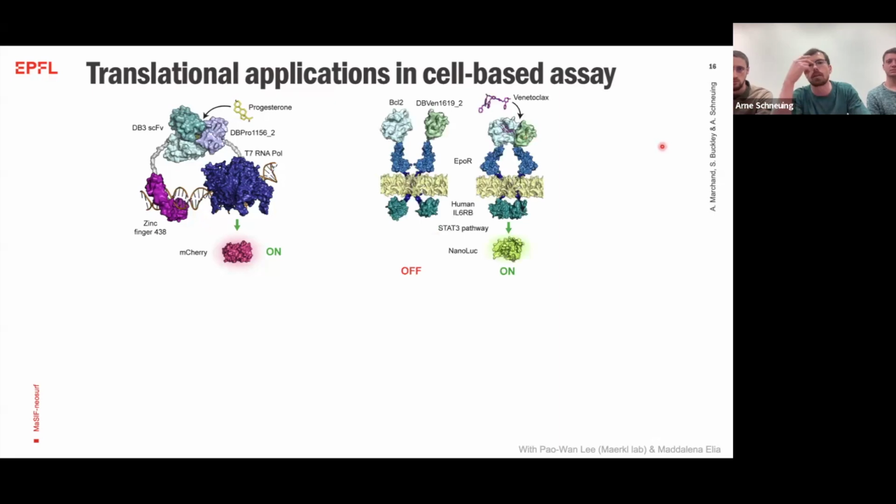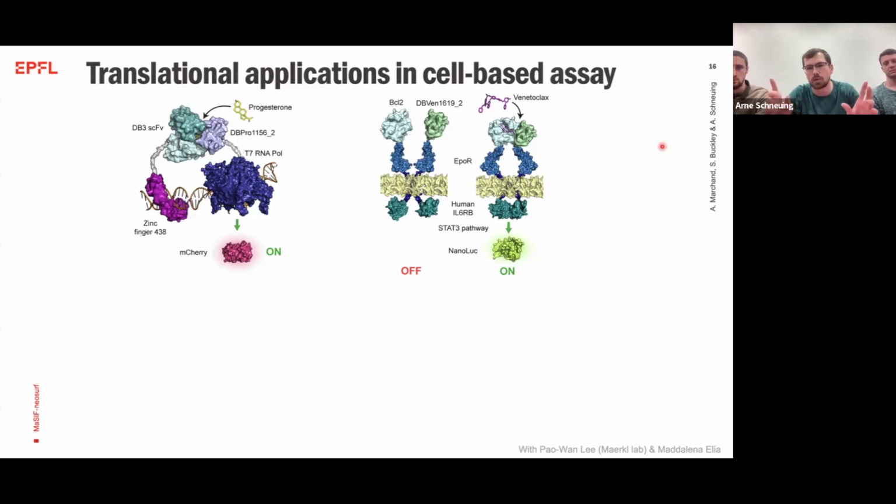Another way we validated this was in a synthetic receptor platform called GEMS, or generalized extracellular molecular sensing. That's the name of the platform developed by a former postdoc in our lab, Leo Scheller. Basically, you take your interacting proteins and incorporate them into the extracellular receptor domain.